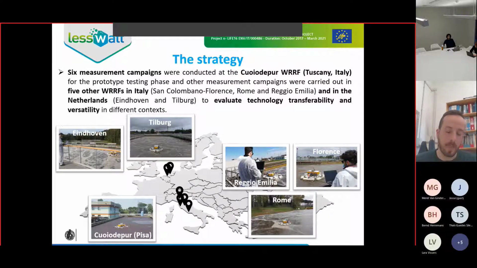These other measurement tests were conducted to evaluate the technology transferability and versatility in different contexts.